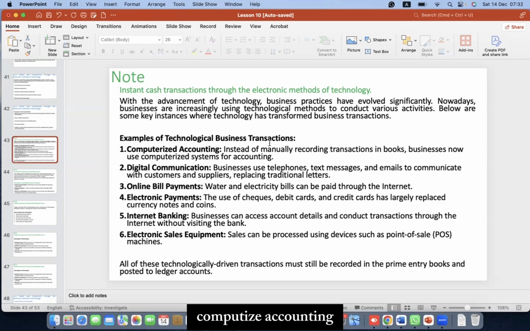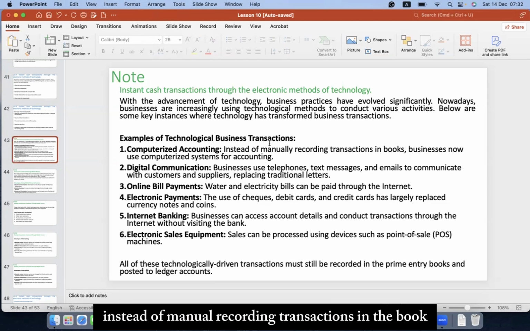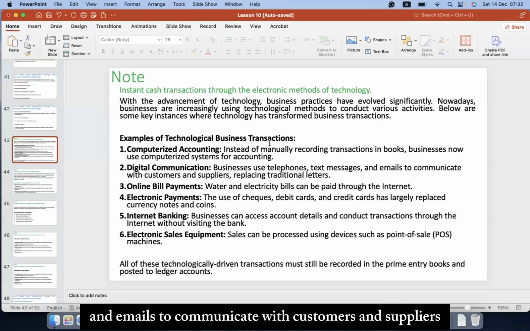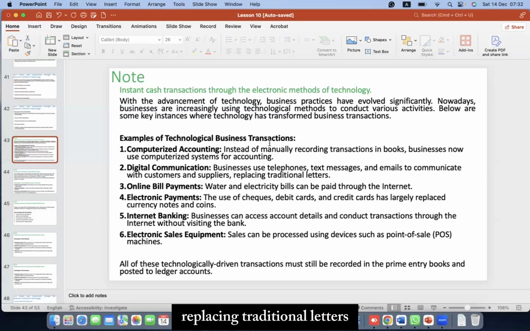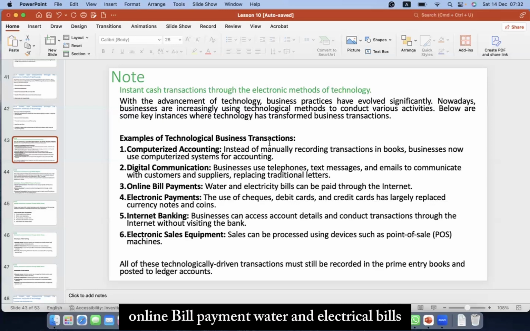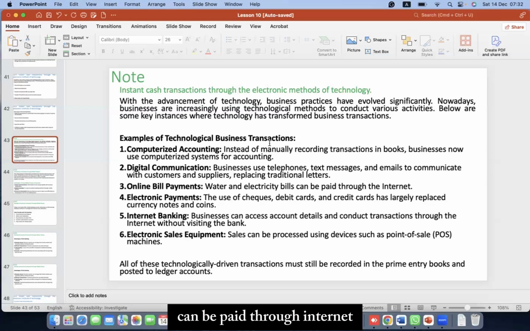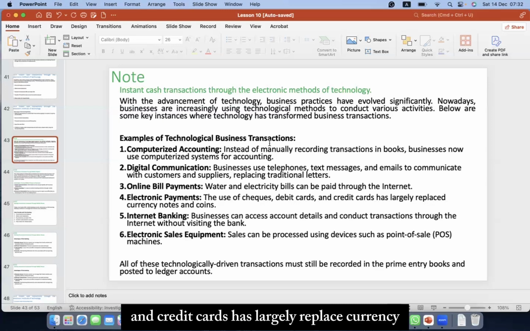Computerized accounting. Instead of manually recording transactions in the book, businesses now use computerized systems for accounting. Digital communication. Businesses use telephones, text messages, and emails to communicate with customers and suppliers, replacing traditional letters. Online bill payment. Water and electricity bills can be paid through the internet. Electronic payment. Use of checks, debit cards, and credit cards has largely replaced currency, notes, and coins.